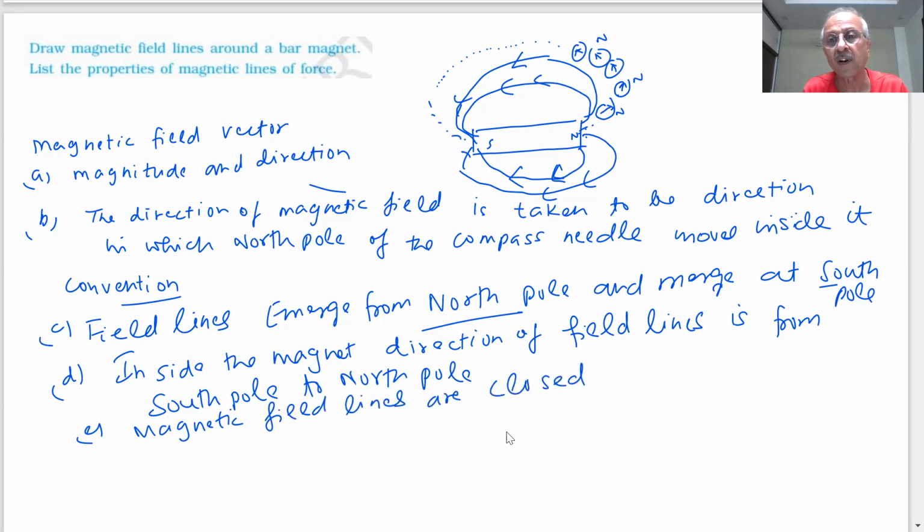They are entering and going like this, entering and going like this. These are the magnetic field lines. They are closed curves. And the relative strength of the magnetic field is shown by the degree of closeness of the field lines. The closer the field lines, the stronger the magnetic field.